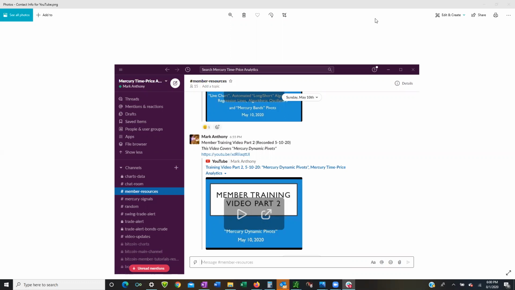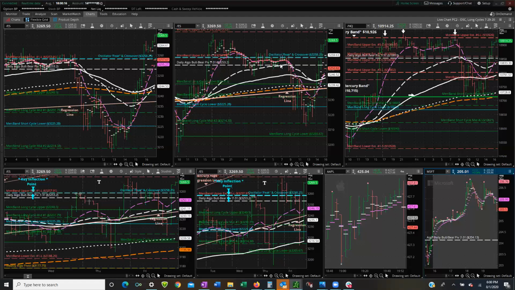If you're looking at 30-minute charts, you're really going to like the way this works, because 30 minutes is very close to this algorithmic time cycle. I have to go back to the other chart, but on the main live chart, the 27-minute cycle is what I call the swing trade cycle.